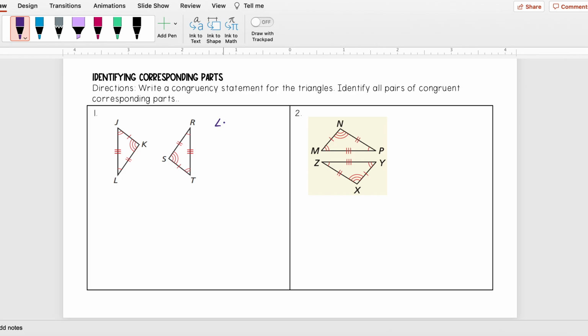So I see that angle J is congruent to, I see angle J has 2 arc marks, so the angle over here that has 2 is angle T. Now let's go to angle K. Angle K, I see, has 3 arc marks, and the angle over here that has that is angle S. And then angle L has 1 arc mark, and angle R does as well.